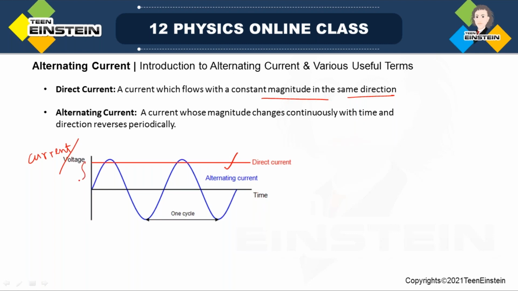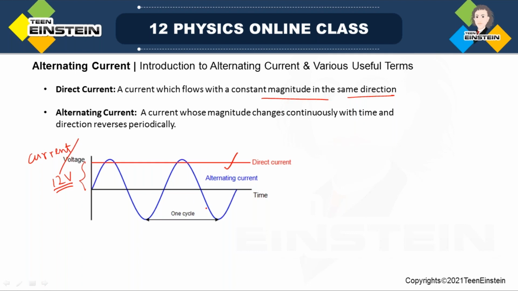That means it has a constant value. If it is a voltage, say 12 volt, it remains 12 volt forever. As time progresses, it doesn't change.